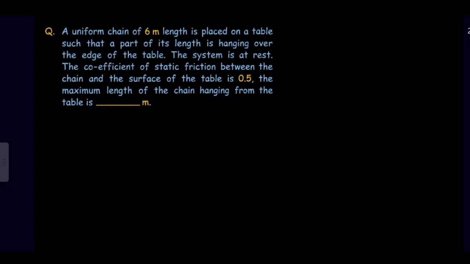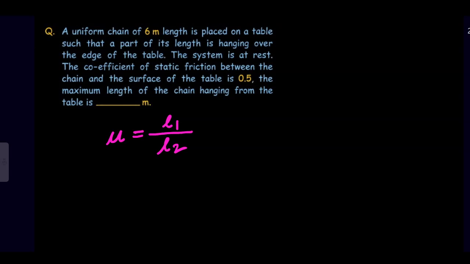Yes, so what they are saying here: mu value is given, na. Mu is equal to what formula? Hanging length by resting length, isn't it? They gave 6 meters. What is the 6 meters? The total length of the chain.